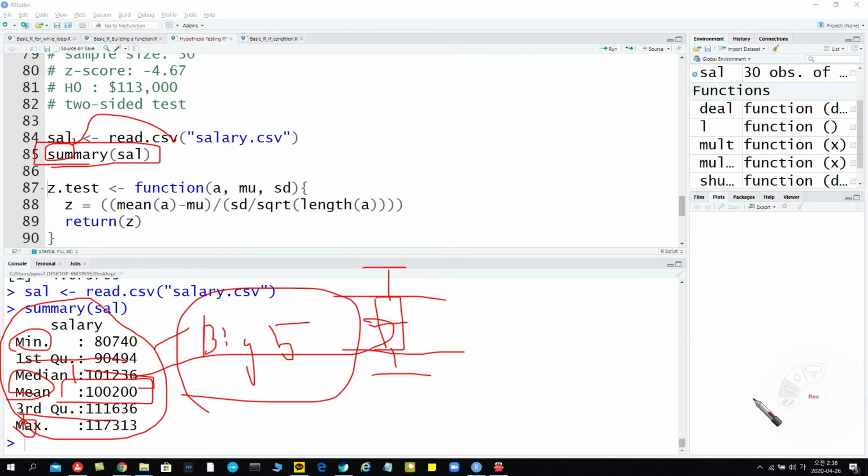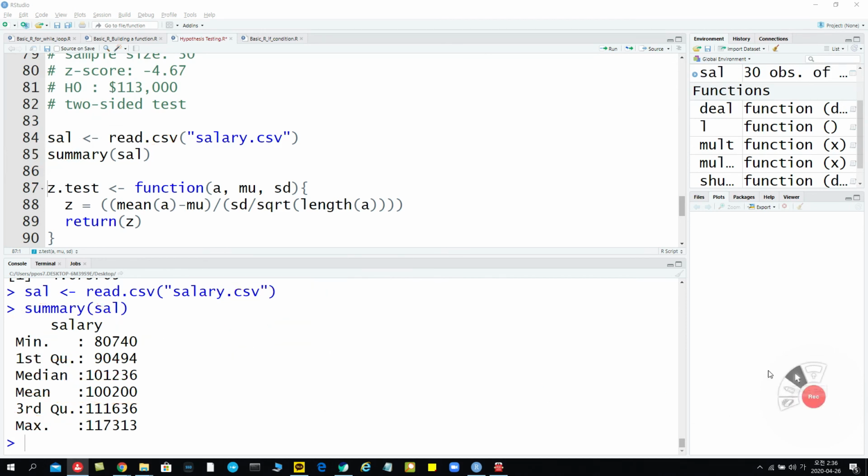Actually, in R there is no Z-test module, but it's super easy to make it as a user function. Using the user function, we take a, mu, and standard deviation as input.